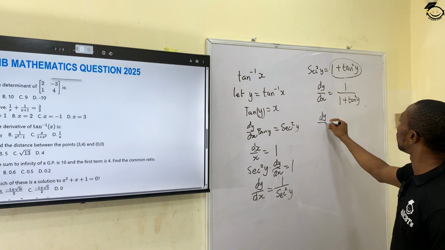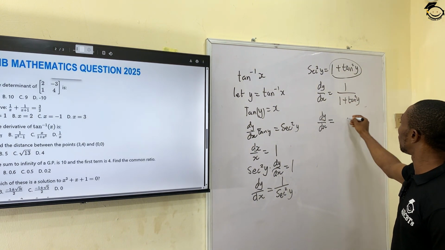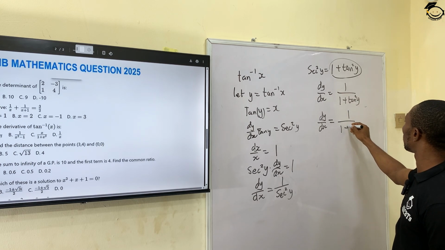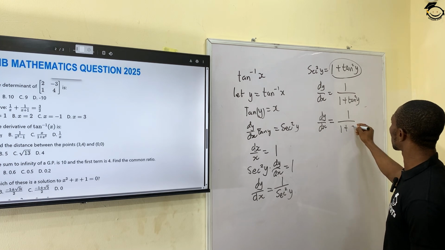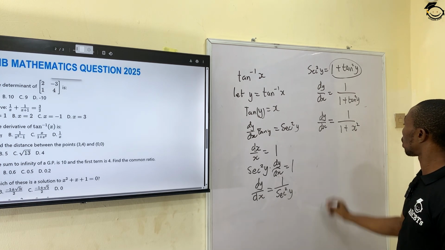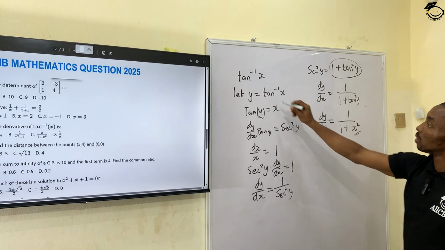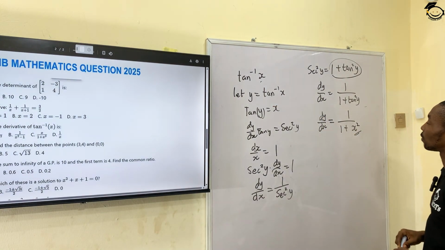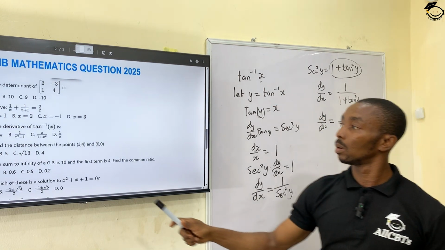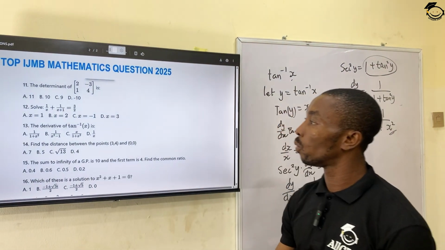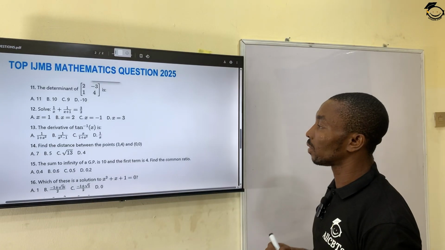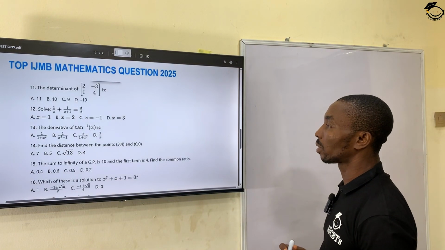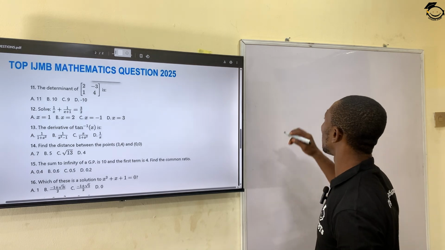Our dy over dx will give us 1 over 1 plus tan squared y, which is x squared. So our dy/dx for tan inverse of x will be 1 over 1 plus x squared, which is our option.